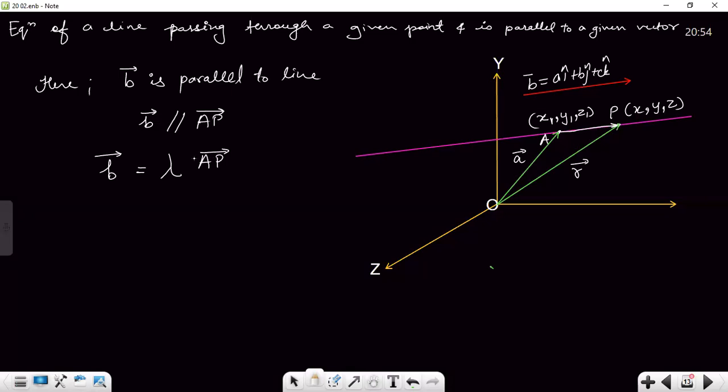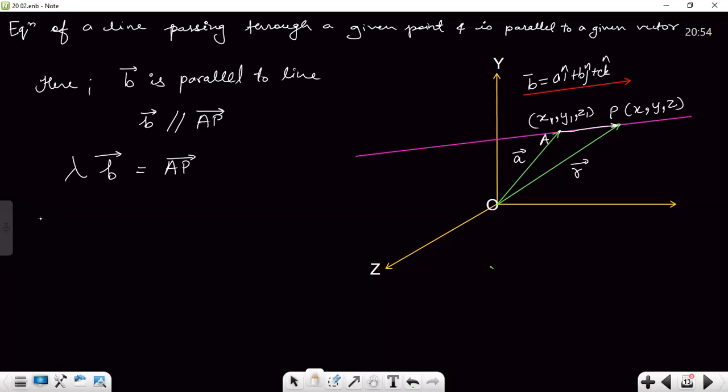Is this clear? Or I can also write it otherwise, as lambda B, because 1 by lambda will also be another scalar quantity. So AP is lambda B. Now we have the A vector, the AP vector, and the R vector.